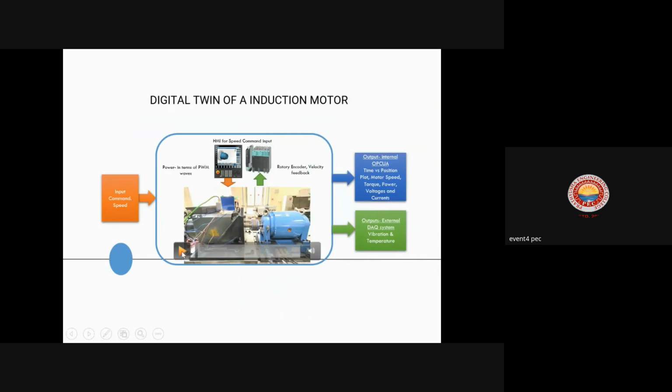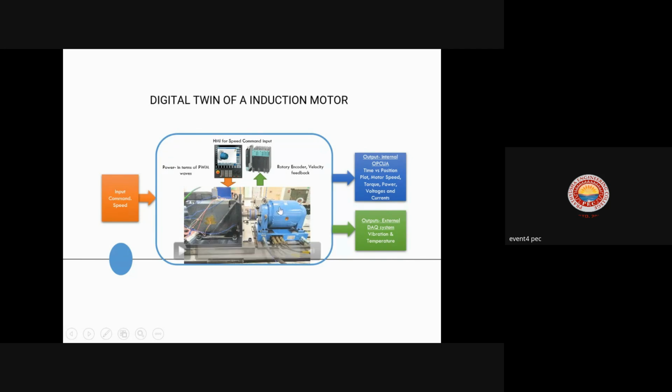For example, this is an actual motor which we made to run, and we used various sensors to capture the vibration, temperature, and also the power, current, etc., as it rotates. Then we map this data with the theoretical mathematical results that we got.